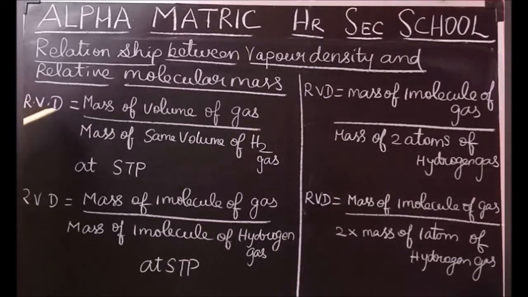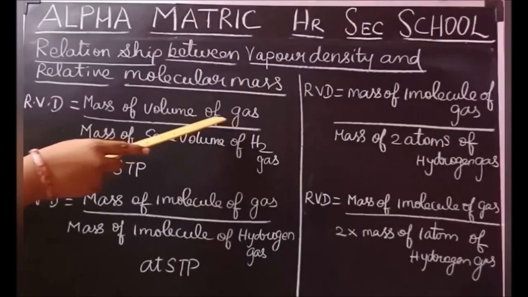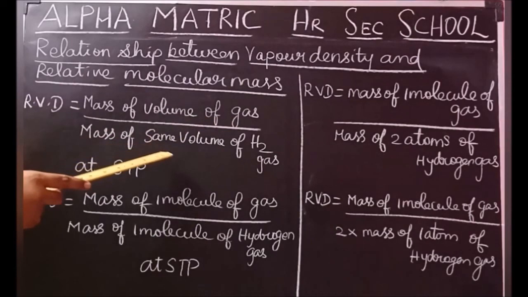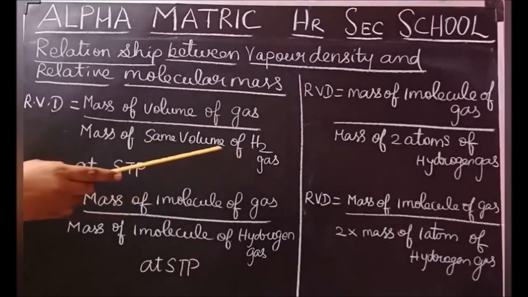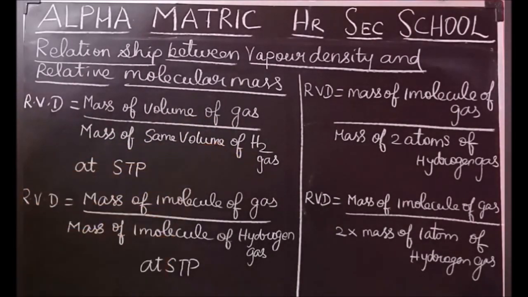Here it is the ratio of a mass of volume of given gas to the mass of same volume of hydrogen gas. Hydrogen gas is the lightest gas and it is a standard value. We are going to compare the gas with this hydrogen gas to find out the relation.